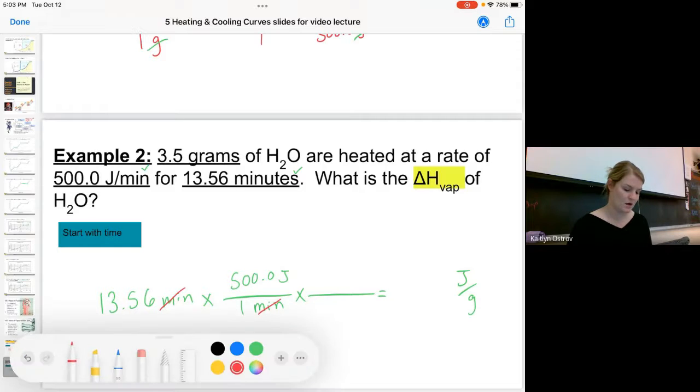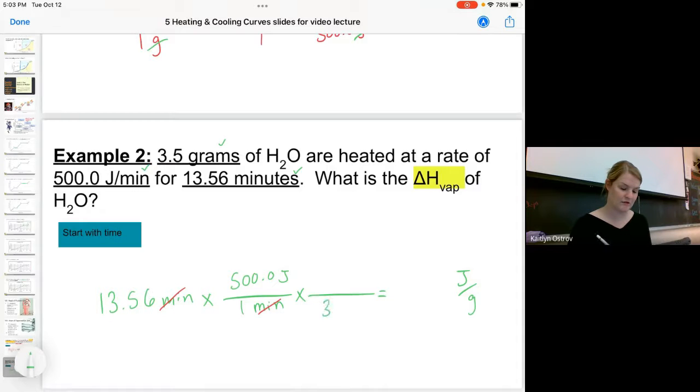Now I want to get my grams on the bottom. So now I'm going to do my 3.5 grams, throw a 1 on top as a placeholder. So I'll take my 13.56 times 500 divided by 3.5. And my answer with correct sig figs gets rounded to 1900 joules per gram.